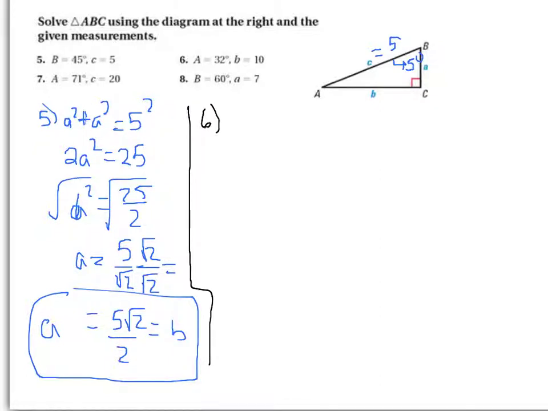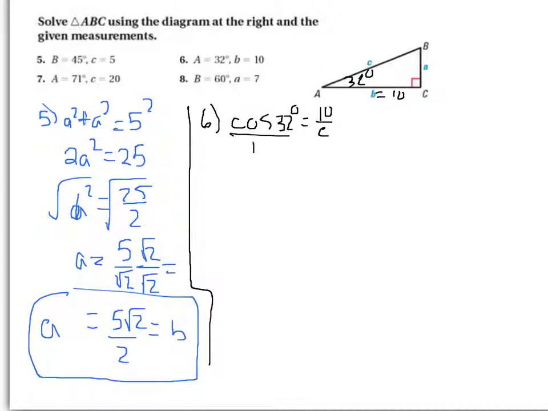Now watch 6. It's going to be a little different here. This time, A is 32 degrees, and B is 10. Well, if I want to find C, I have the adjacent, and C is the hypotenuse. So I say cosine of 32 degrees equals 10 divided by C. Now, in your calculator, you need to make sure you hit mode, make sure it's highlighted in degrees, not radians, okay?